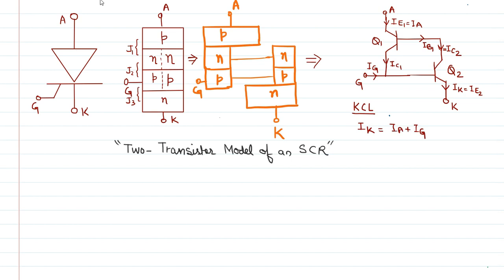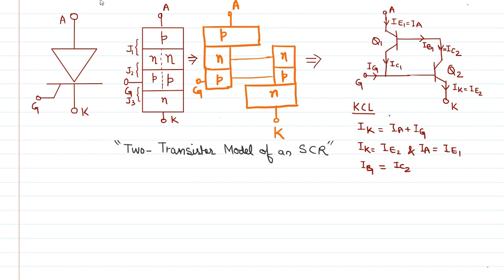Here you have to remember that IK is equal to IE2, and IA is equal to IE1. Also, IB1 is equal to IC2.